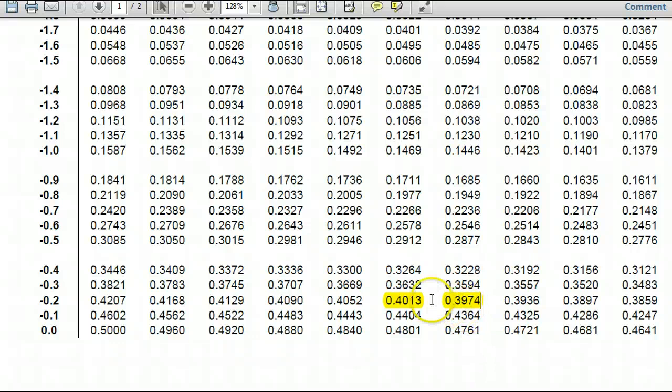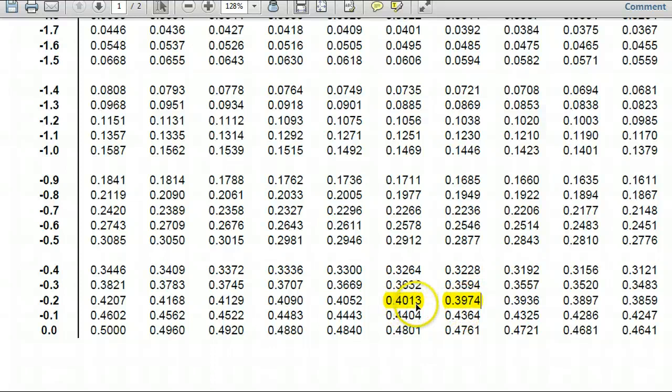So which of these is closer? Ignoring the decimal for a second, ask yourself which one of these is closer to 4,000. This is 13 away, whereas this, if it were 80, it'd be 20 away. But so this is like 26 away.